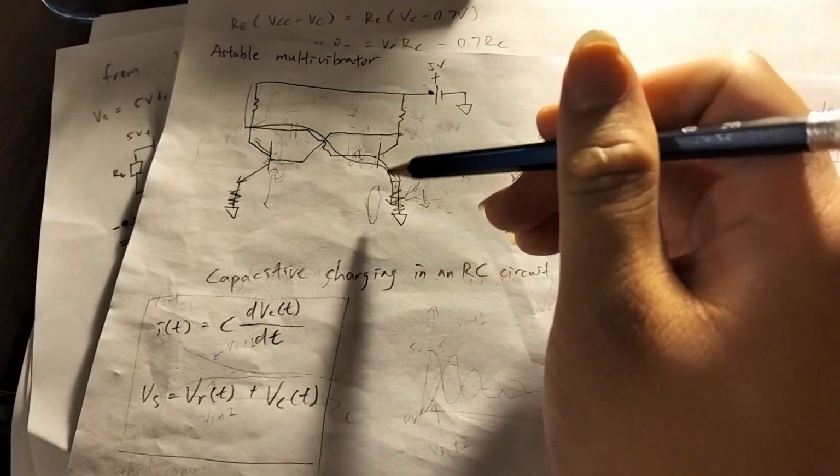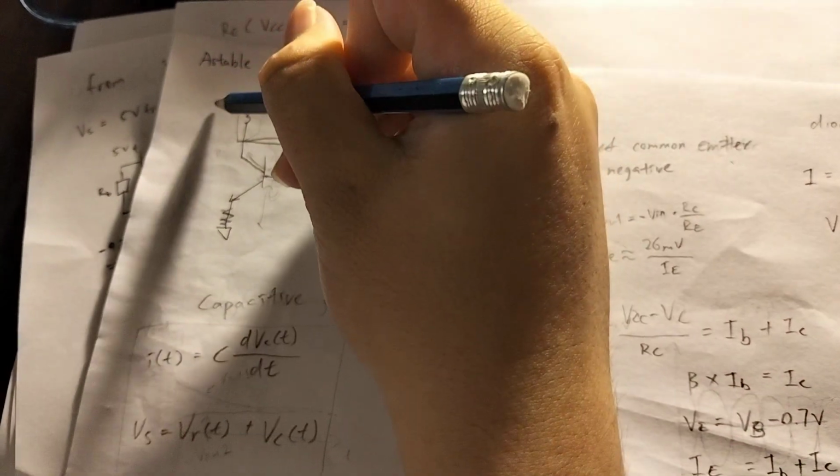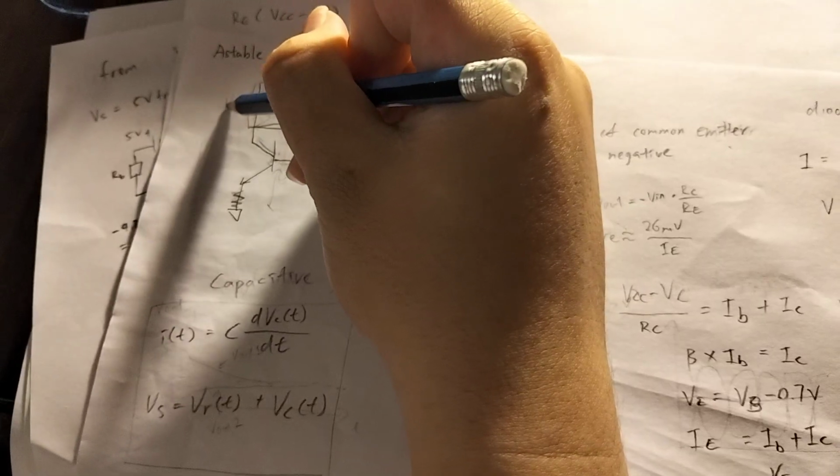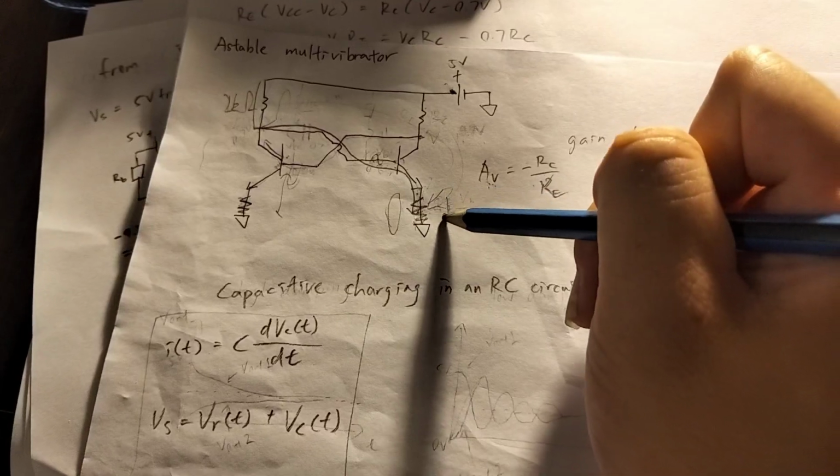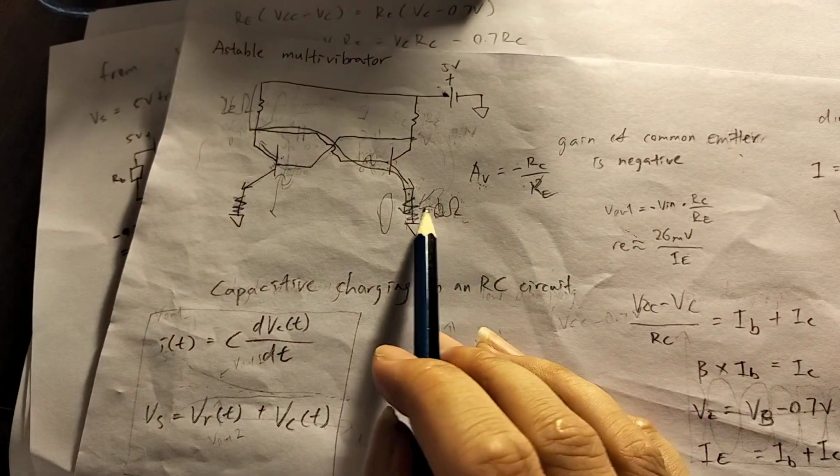So, for example, if this was 2K ohms, and this was, let's say, a very small resistance, let's say 0 ohms. I'll take a very extreme case.